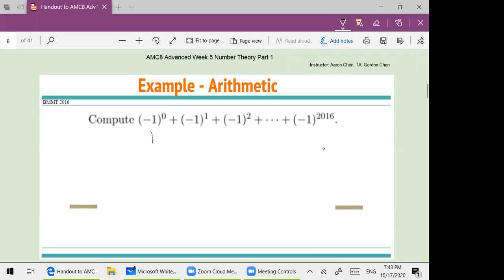So this problem is basically 1 minus 1 plus 1 minus 1 plus all the way to plus 1, and all of these cancel out. So the answer is just 1.